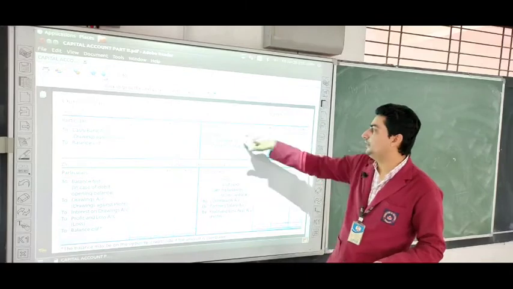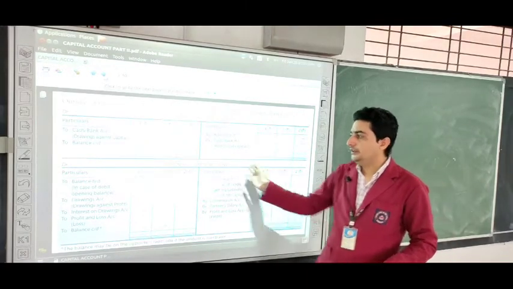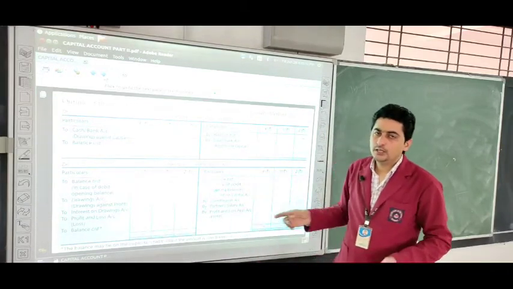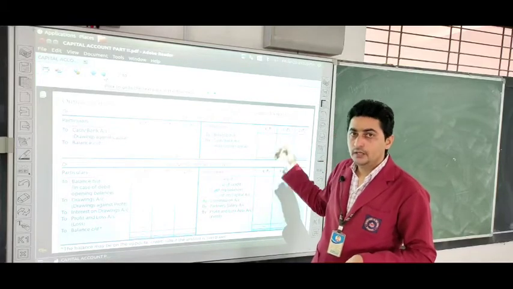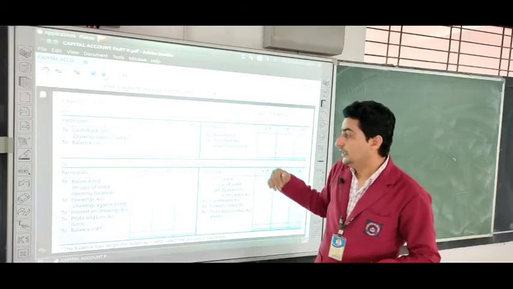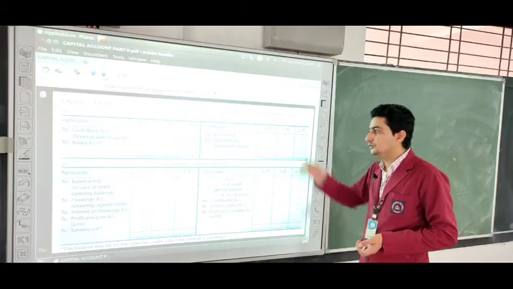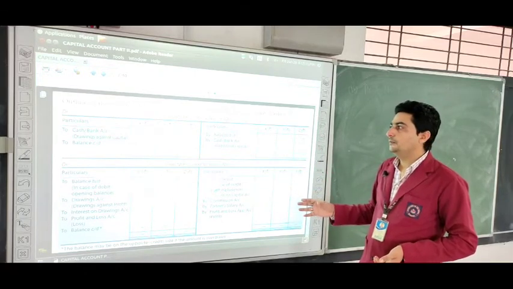It is always credited. But in the case of the current account it can be credited, it can be debited. That's why they have written it on both sides. So the capital account balance will always be credited, but in the case of the current account it may be debited, it may be credited. Okay students, so this was your fixed capital account method under which we are preparing the capital account and current account.